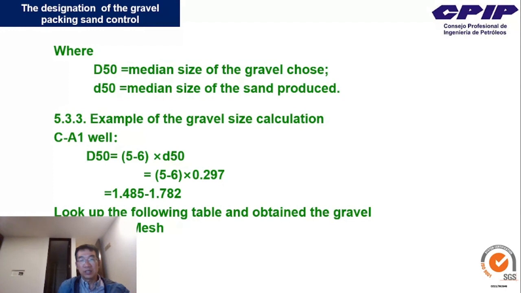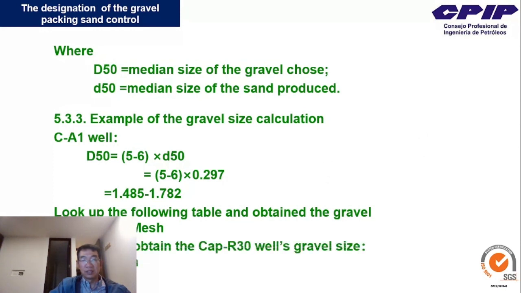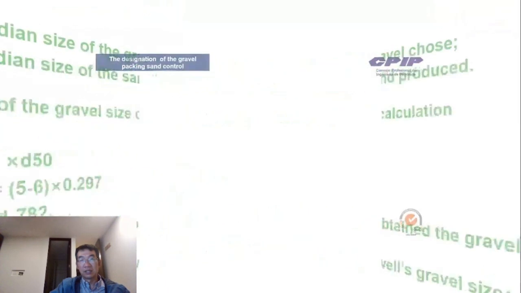So the result is 1.48 to 1.78. And looking up the following table, we obtain the gravel size 8 to 6 mesh. Also, we can obtain for CR30 a gravel size of 12 to 20 mesh.